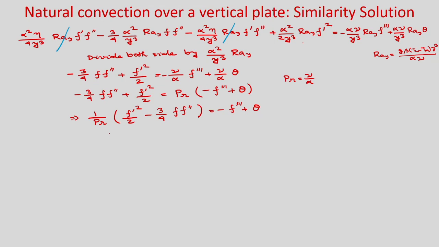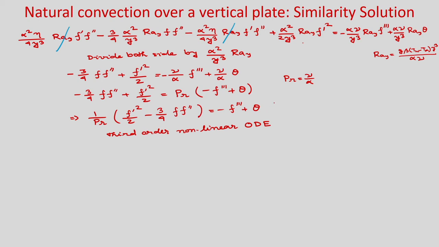So, this is third order and you have f into f double prime, that means it is non-linear. Ordinary differential equation. But here you can see in this ordinary differential equation, in the momentum equation also you have term theta, which is your temperature. Okay. So, that means this equation also will depend on the temperature profile.